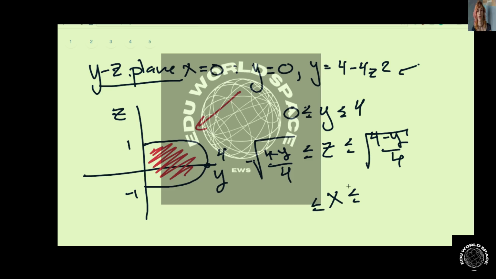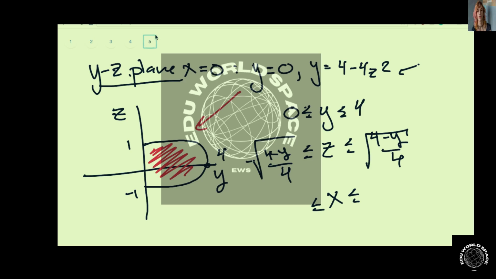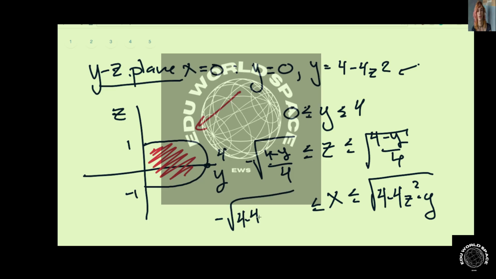And then our x bounds, well, it's when we solve for x in this formula here. Solving for x there, we get plus and minus the square root of 4 minus 4z squared minus y.